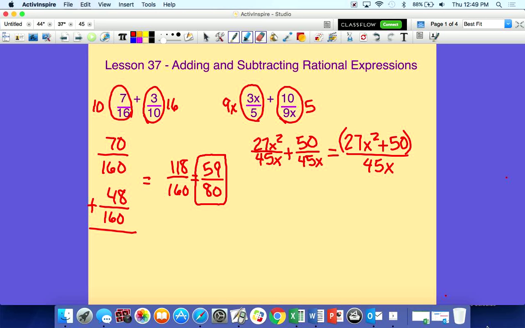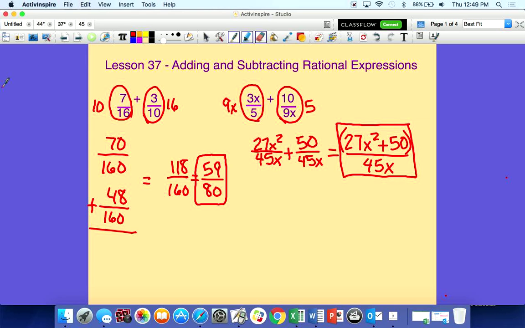Looking at that, I don't see anything that we can pull out of the top. The only thing we can pull out of a 50 is a 5 and a 10. 5 and 10 don't go into 27, so that's as simplified as the top gets, and because of that, we can't simplify with the bottom at all. So that there is our final answer for this one.